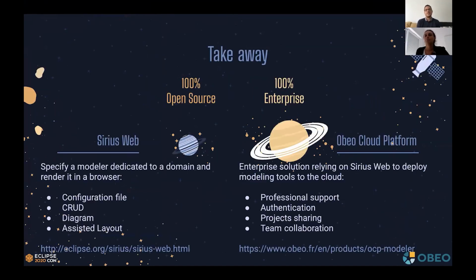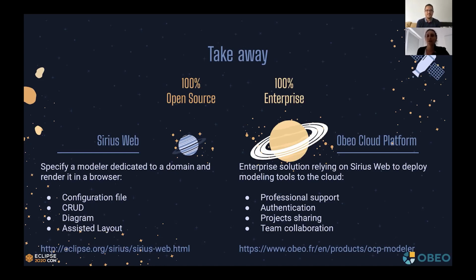So, to conclude, remember that Sirius Web provides a set of cloud-based technologies, 100% open source, to specify, thanks to a configuration file, a modeler dedicated to your domain and make it available in a web browser. It comes with all the CRUD capabilities and diagram rendering with assisted layouts that we've shown.